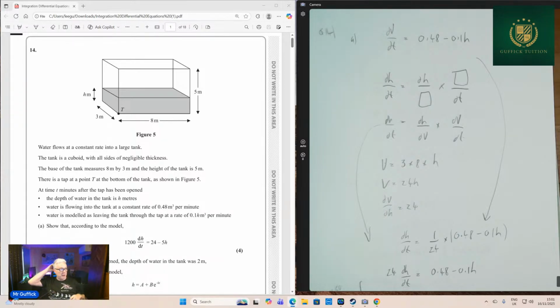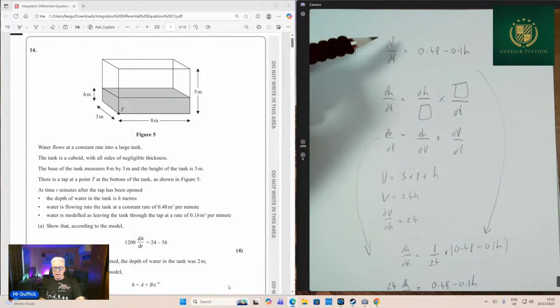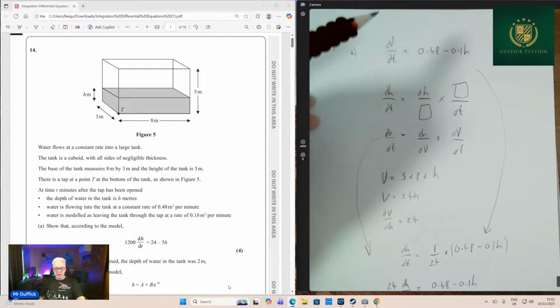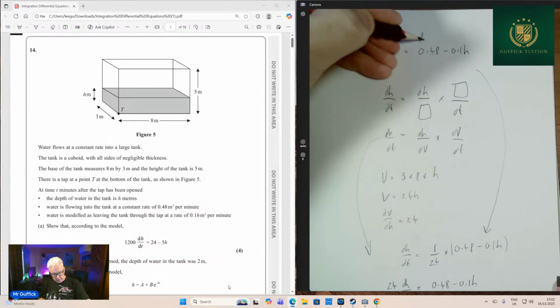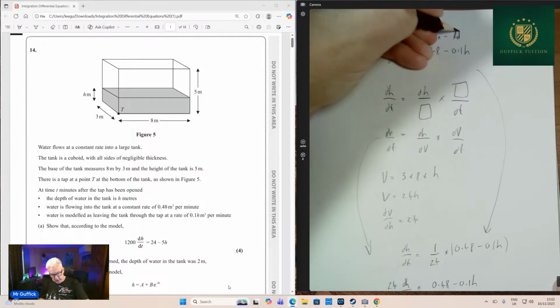Okay, so that's our first thing. Notice that in the question, we've got to find an expression for dh/dt, but the question's talking to us about the rate of change of volume. So we've got dV/dt, which is the rate in minus the rate out.